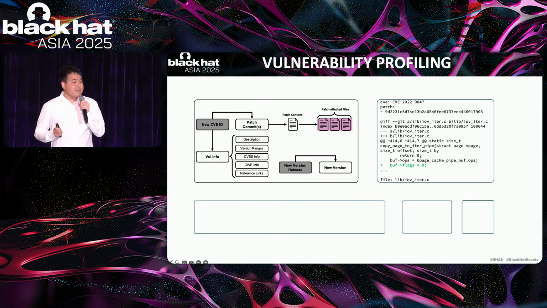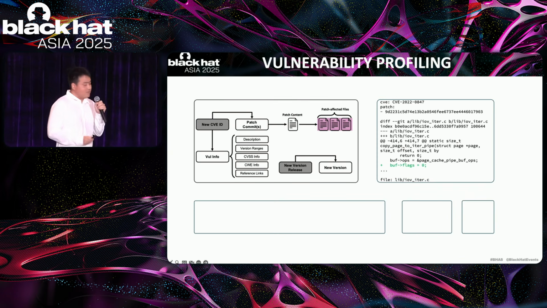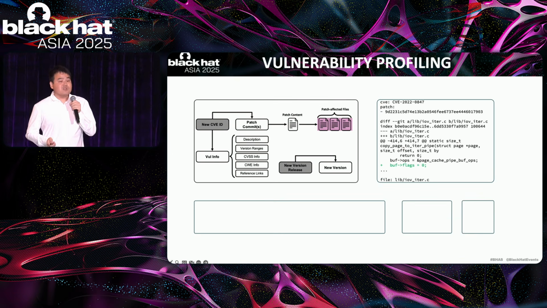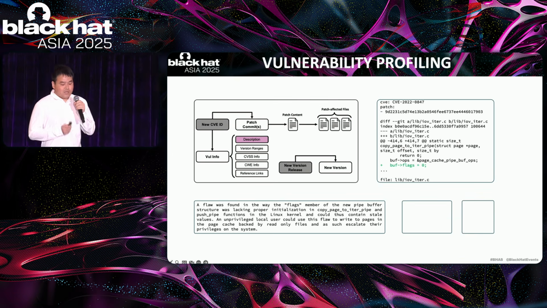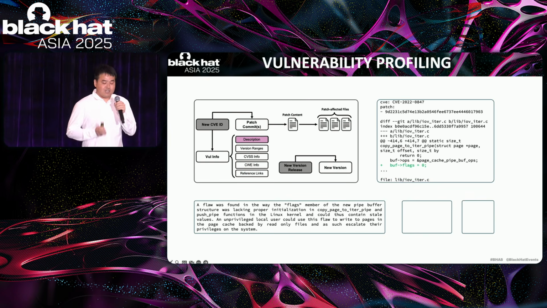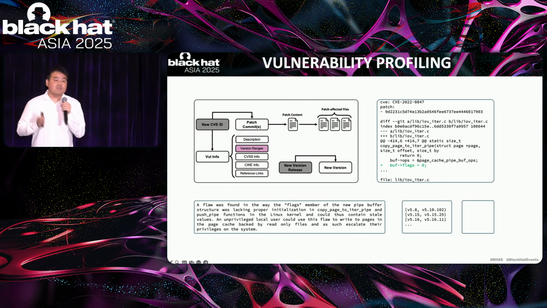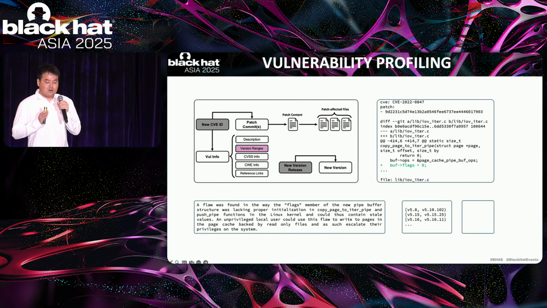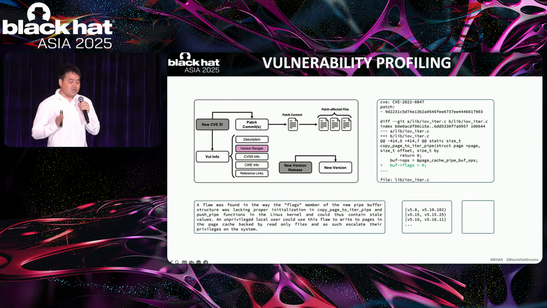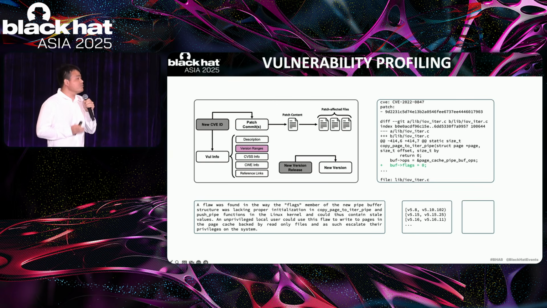Not only the patch information, we also find other information to describe the vulnerabilities, such as the text description. We also include the version information from the NVD dataset. Besides this, we also include information such as CVSS and CWE information, which may be used in the later analysis.